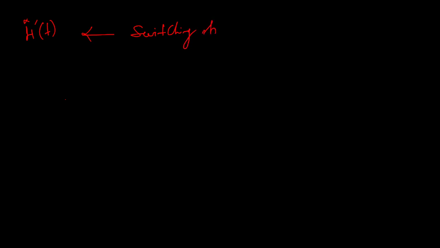The excitation light. Okay, so now light, what is light? Light is an electromagnetic wave. So it has an electric part and a magnetic part. Now how to incorporate the electric part and magnetic part in the H comma T? That is the second question now.